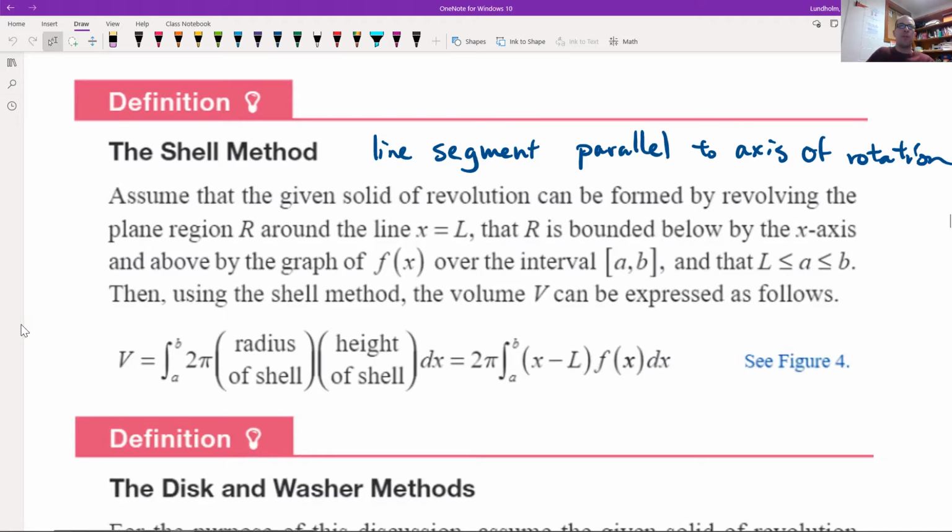And in general, the formula will be 2 times pi times the radius times the height. And here we get an x minus L. What is this L thing?